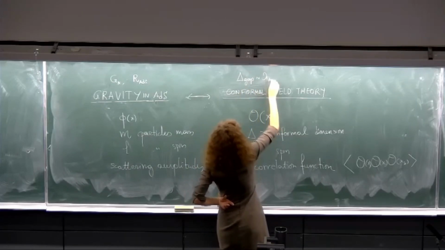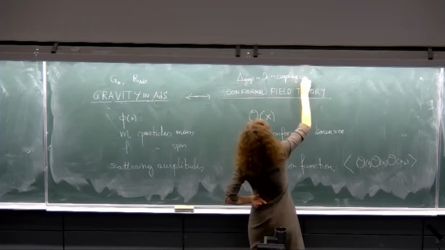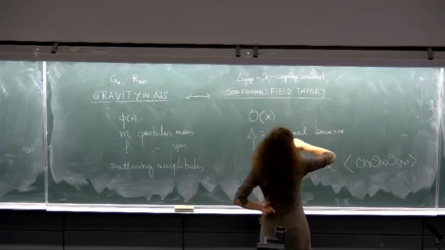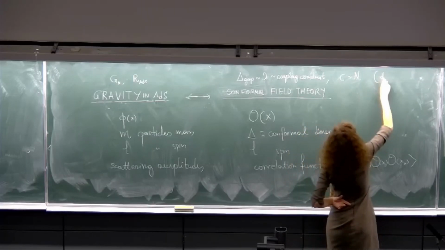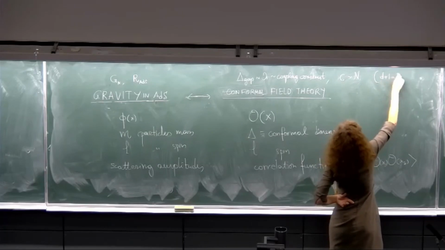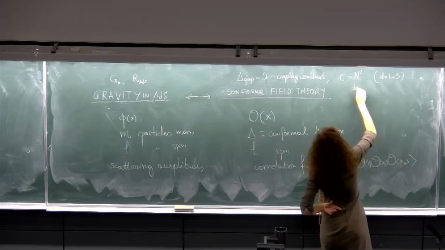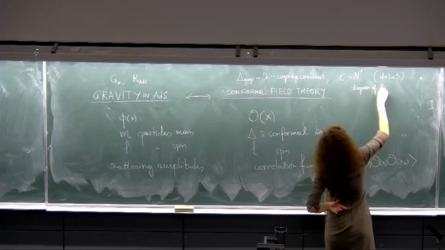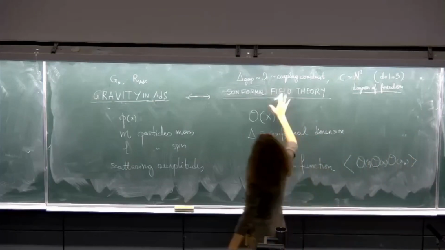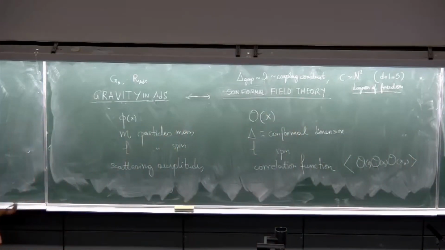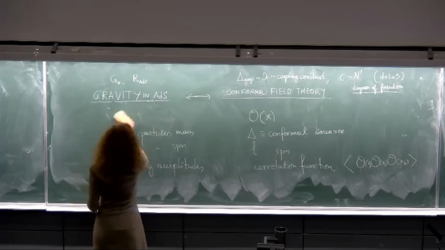This is lambda, the 't Hooft coupling constant, and you can think of it as a coupling constant. I'll say a few words afterwards. And the other parameter is C, which is, say, in 5 dimensions, where N is the degrees of freedom. So the conformal field theory has similar parameters as the general quantum field theory, but they're a little bit differently distributed. Now I will tell you a little bit more about that.